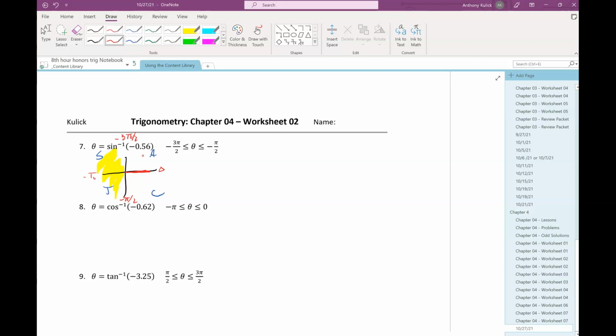Between quadrants 2 and 3, the two that we've highlighted, where is sine negative? And it's quadrant 3. So there's that. So our alpha is this angle here.